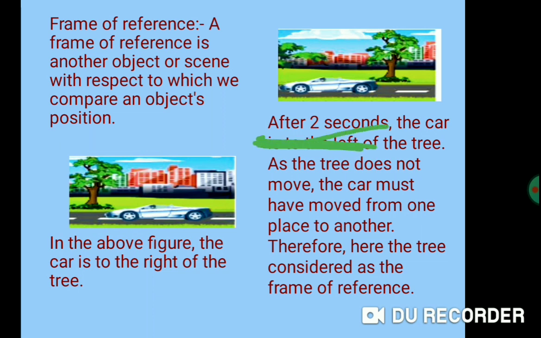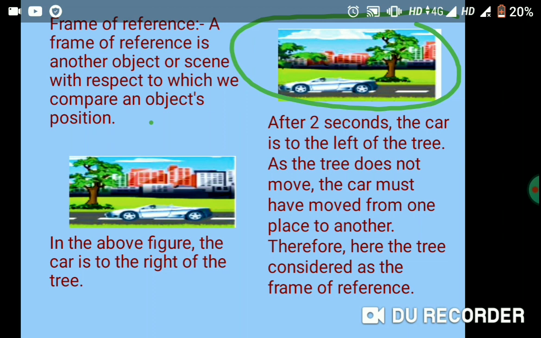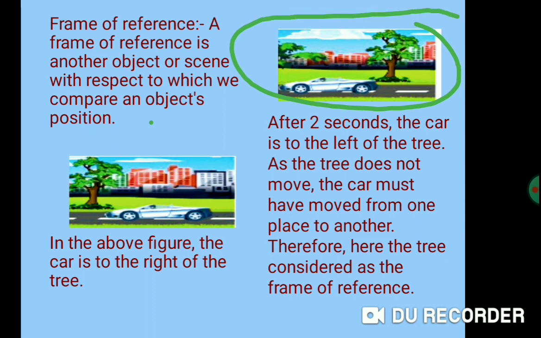After a 2 second interval of time, the car is to the left of the tree. As the tree does not move, we all know that, the car must have moved from one place to another. It is very clear.